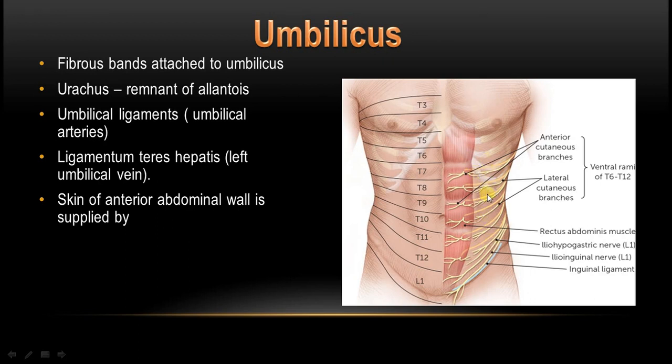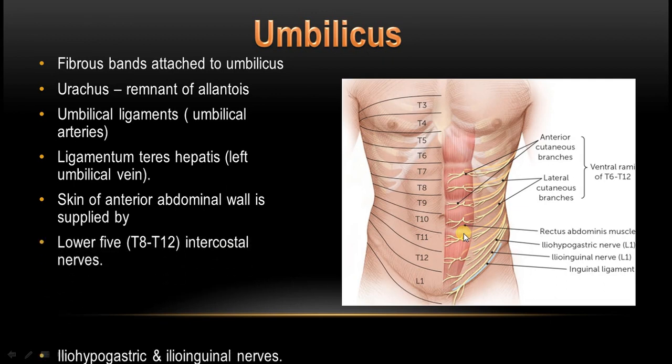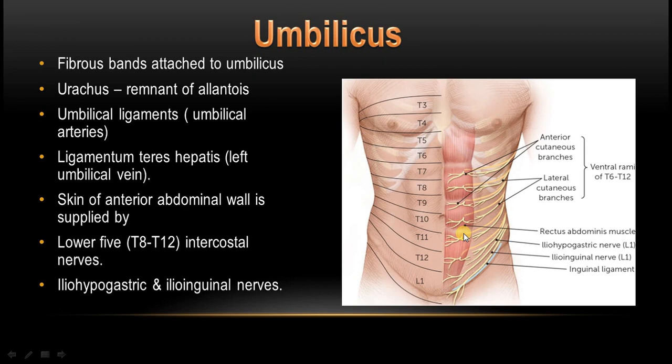Thoracic segments, intercostal nerves, same as that, the ventral branches. They supply the anterior abdominal wall and they also pierce the rectus sheath in the midline. So the lower 5 intercostal nerves and the iliohypogastric and ilioinguinal nerves, which are from the L1 segment of the spinal cord.